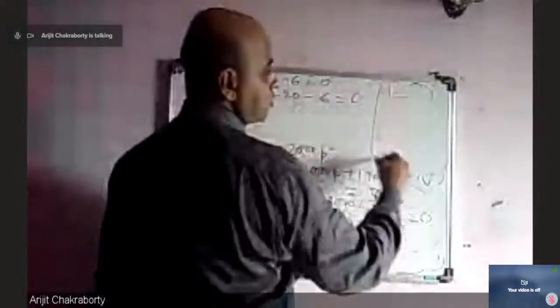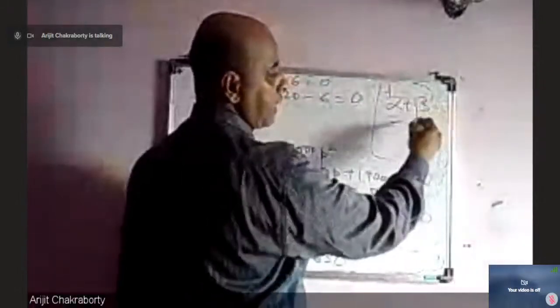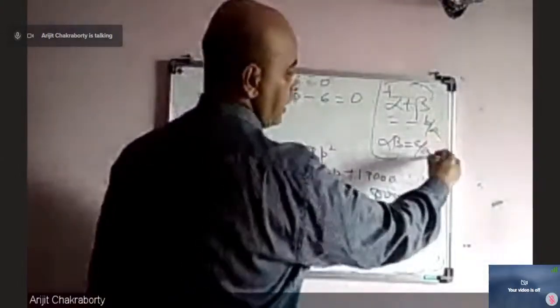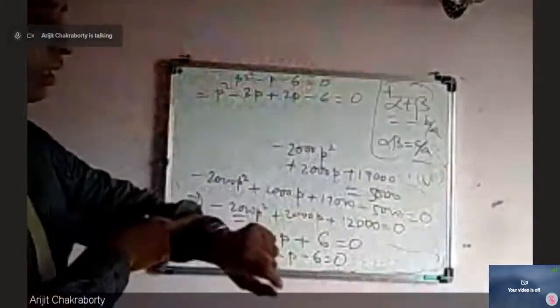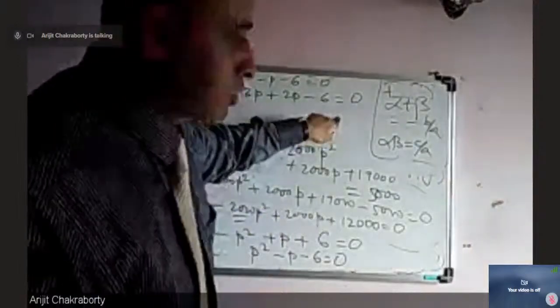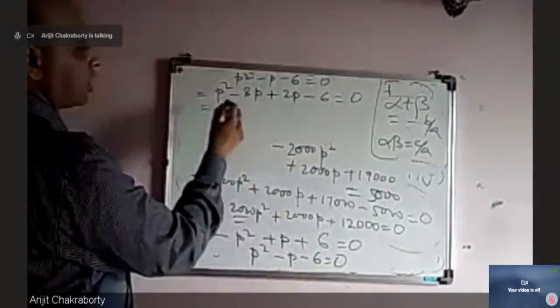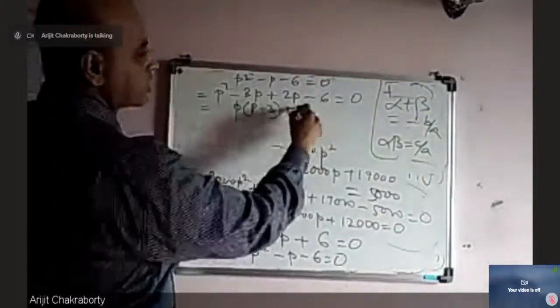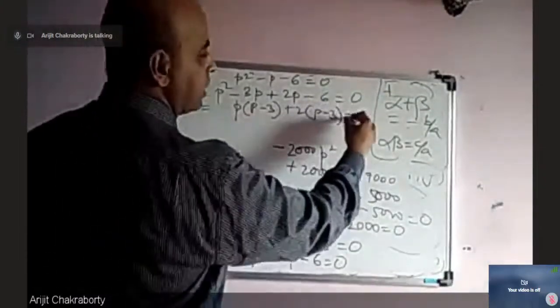Please remember those two formulas once again: alpha plus beta is minus b by a and alpha beta equal to c by a. So if you break it up and solve further, you will find it will be P into P minus 3 plus 2 into P minus 3 equal to 0.